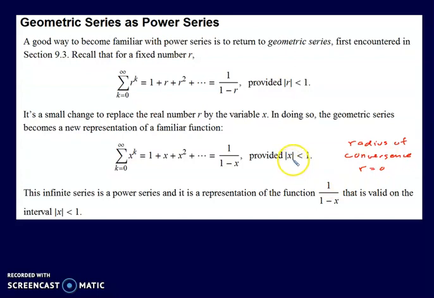Now we almost always will denote this using absolute value notation. We're saying that any number within 1 unit of 0 is going to give you a convergent series. I should have said that the radius is 1. And so if I were to expand that out, the interval of convergence is any number between -1 and 1.